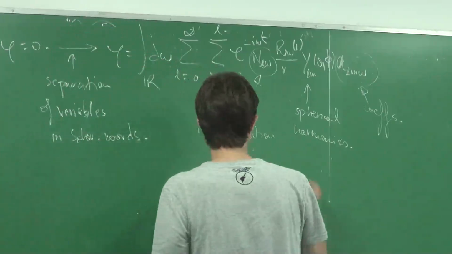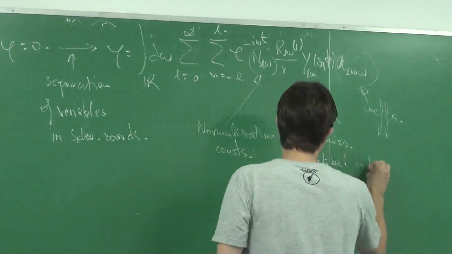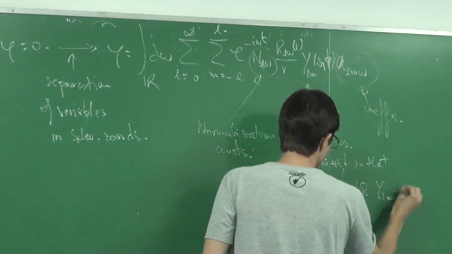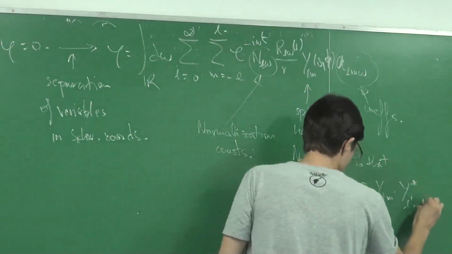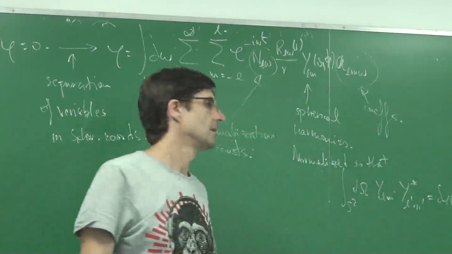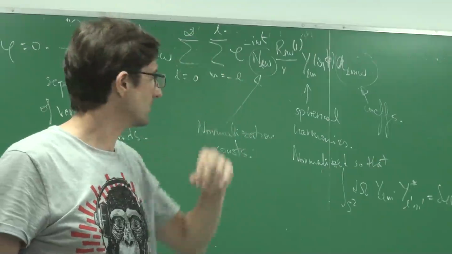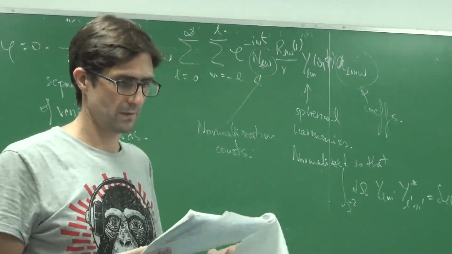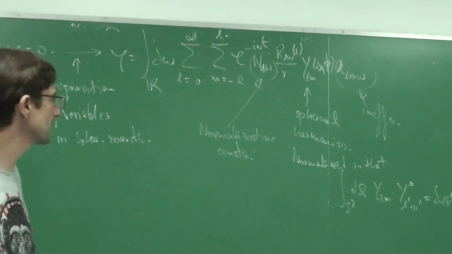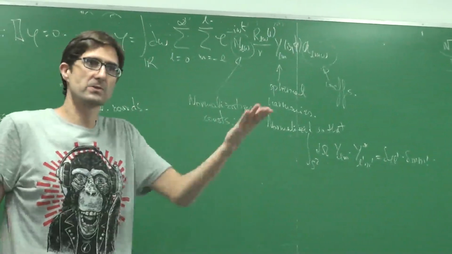They are normalized so that the integral over the sphere is unity. There are different normalizations for the spherical harmonics, so that's a nightmare, but you choose whichever one you want and then just be consistent throughout the calculation.